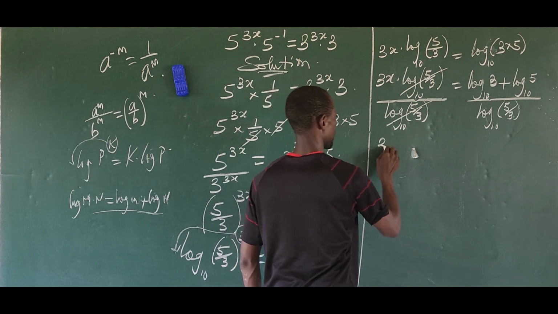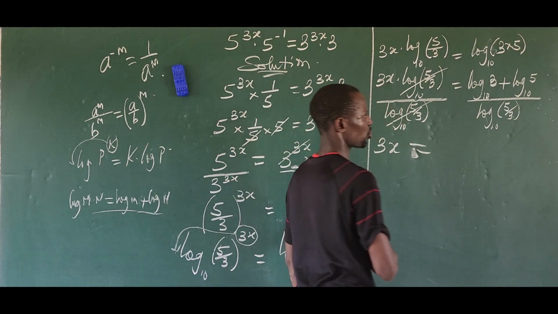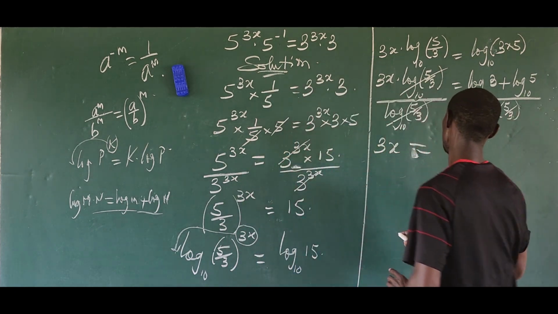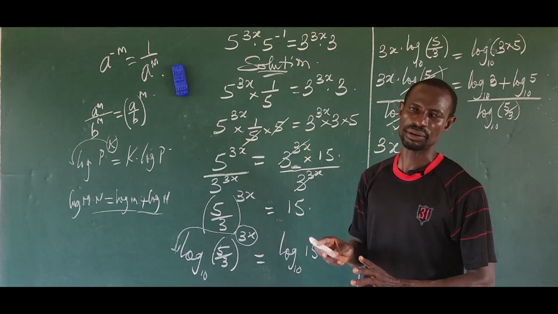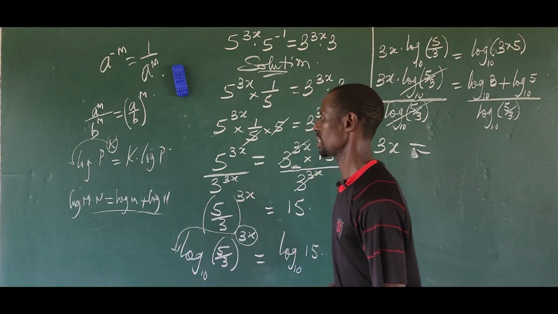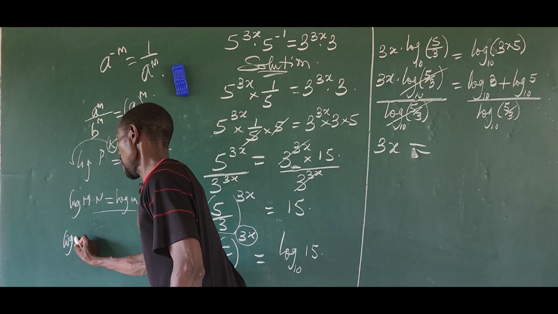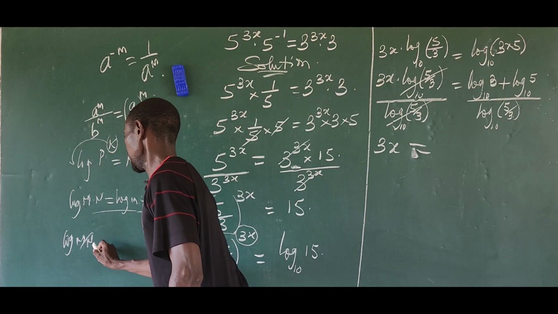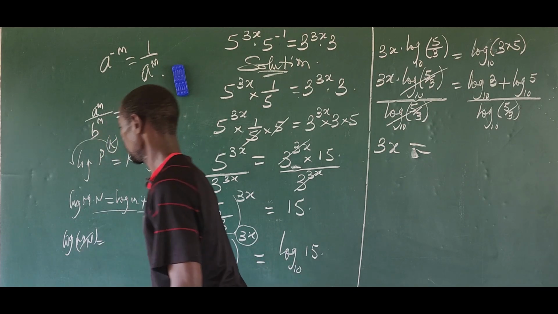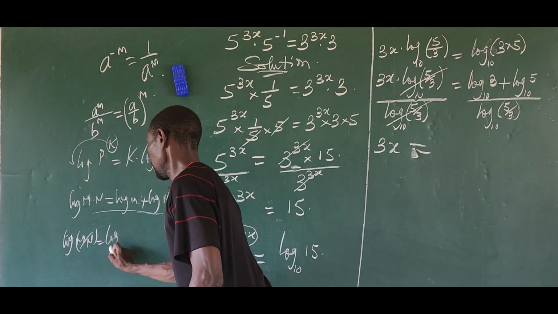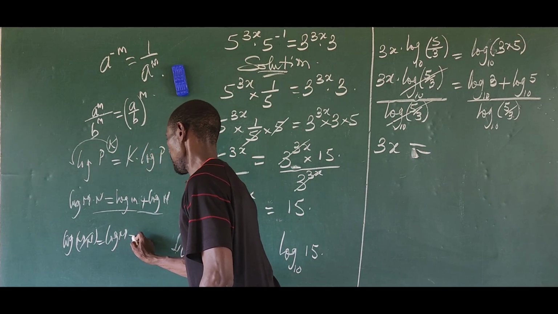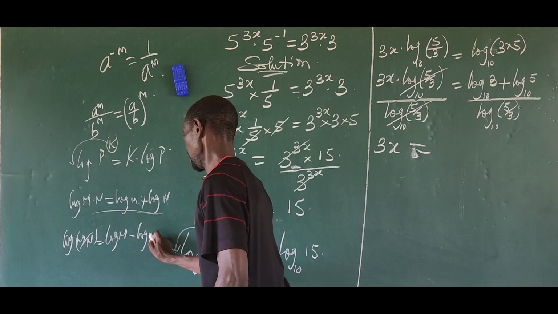Here we are now left with 3x equal to, and we can apply the division law of logarithm, which says that if you have log of m over n, this is equal to log m minus log n.